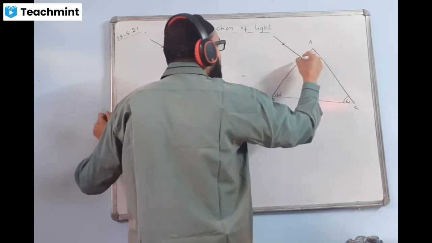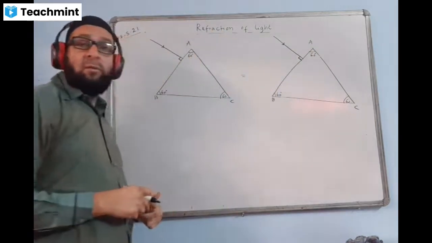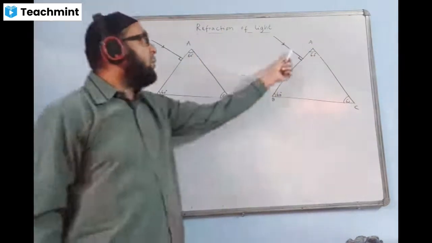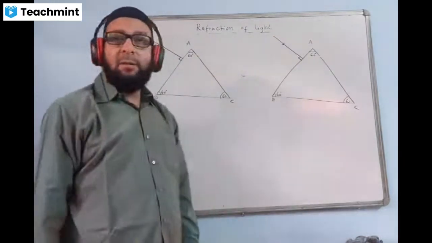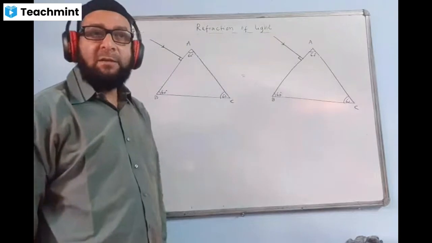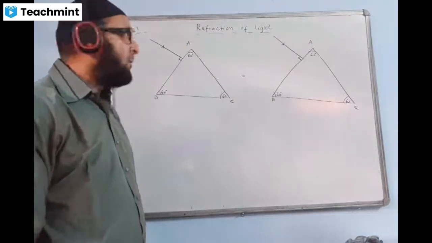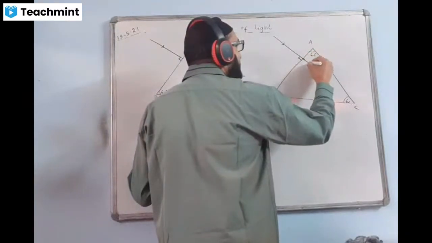This is 90 degree. Then what will happen? This is normal incidence. No refraction. You are keeping the ray close to it. Normally incident, it will go straight. Whenever a ray passes the surface normally, it does not refract. It goes straight. The first ray is going straight here like this.